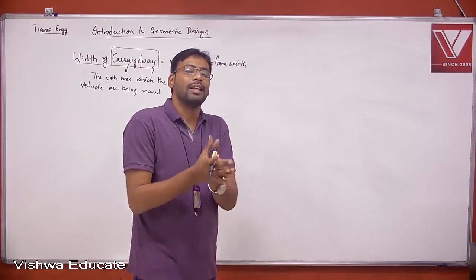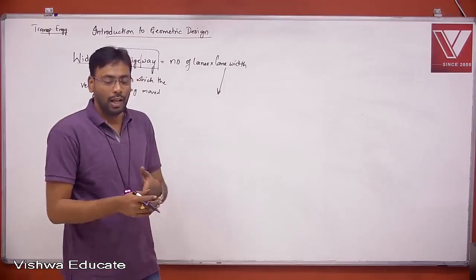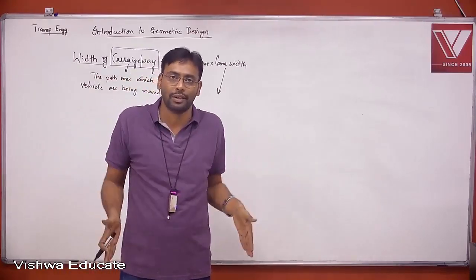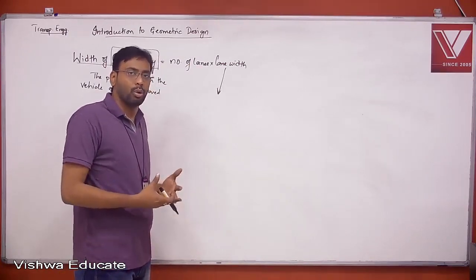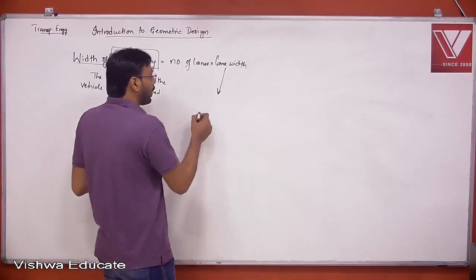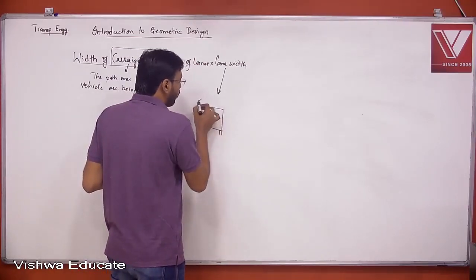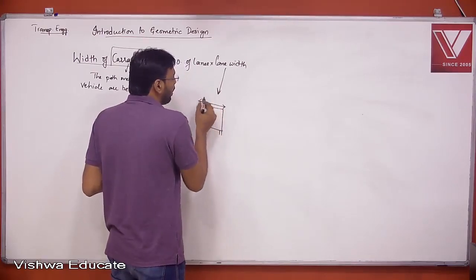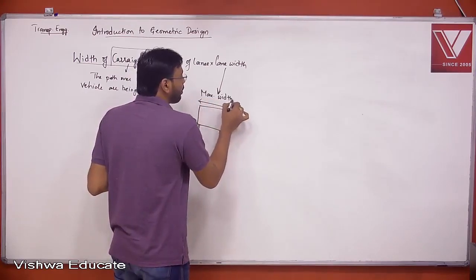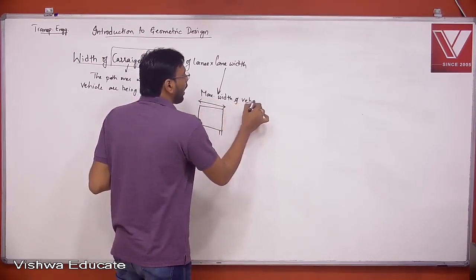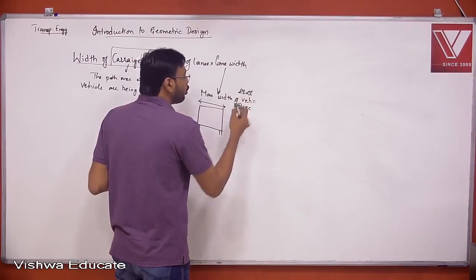Now what is the lane width? What are the factors which affect the lane width? How much should be the width of a single lane road? Obviously, that depends on the type of vehicles that move, right? And generally, it is the width of the vehicle, the maximum width of the vehicle as per IRC, which are to be moved in India.